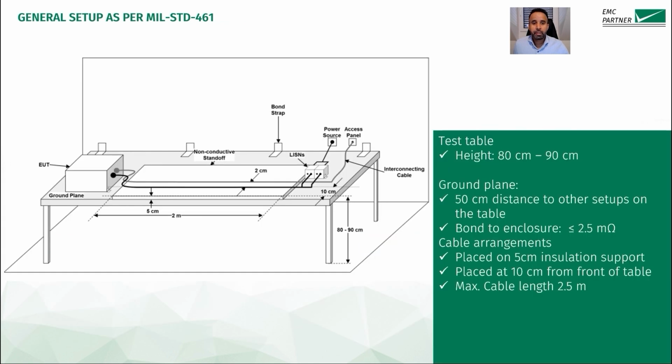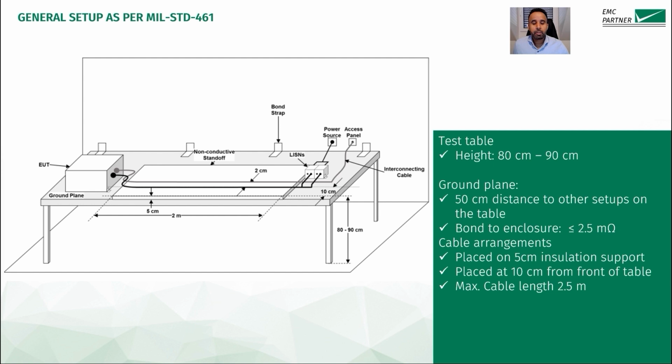The general configuration setup is similar to what you are seeing here. The test table height shall be between 18 to 90 centimeters. The ground plane shall be bonded to the enclosure. The impedance shall be less than 2.5 milliohm according to the standard.